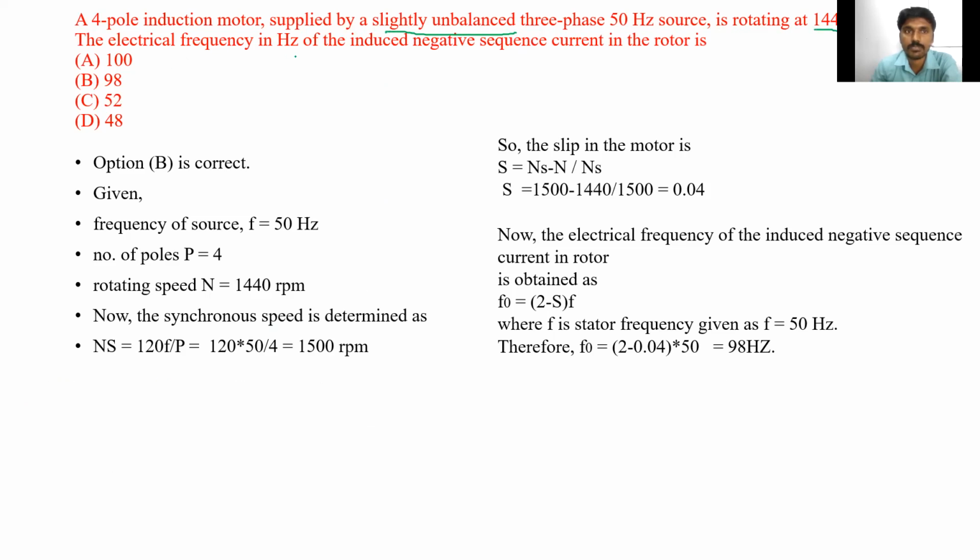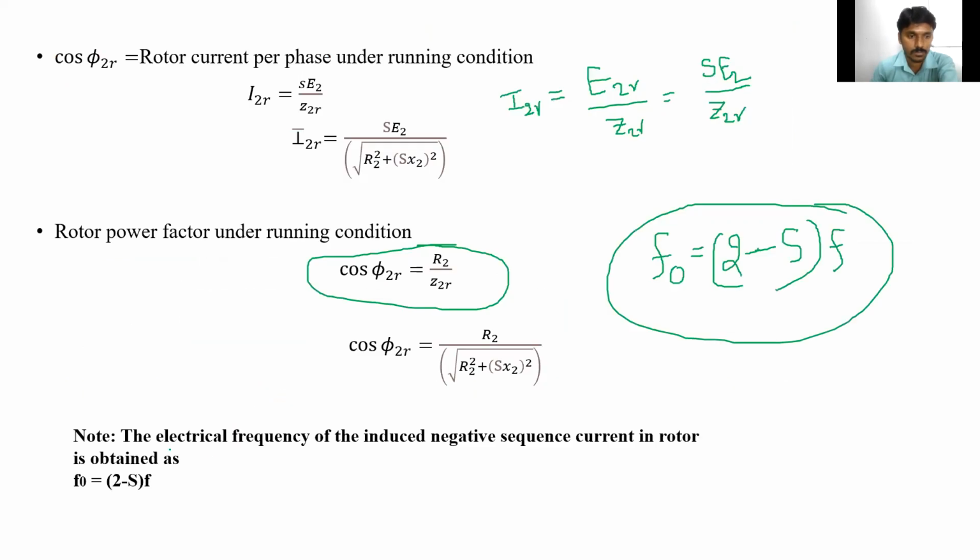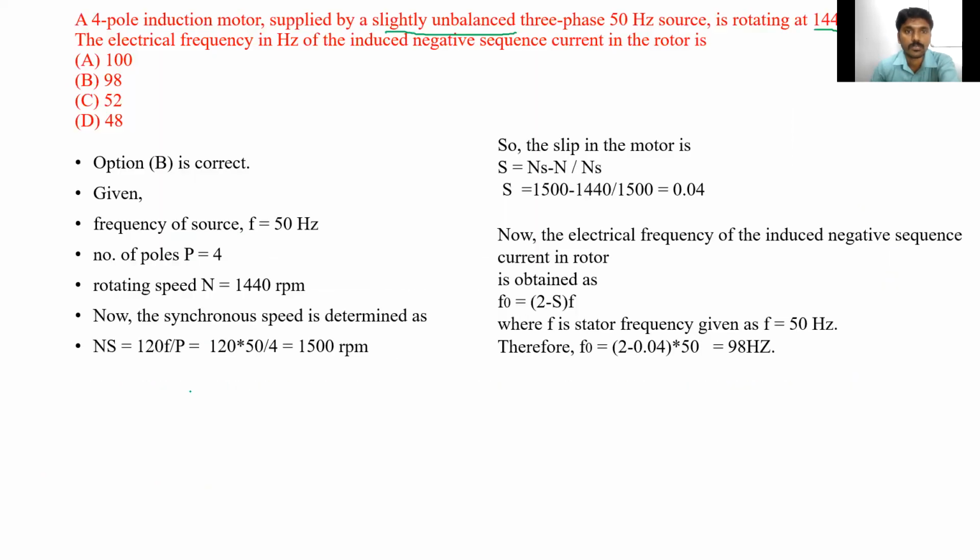The electrical frequency in hertz of the induced negative sequence current in the rotor is? So we have the formula: F0 is equal to (2 minus S) into F. We can use that formula.